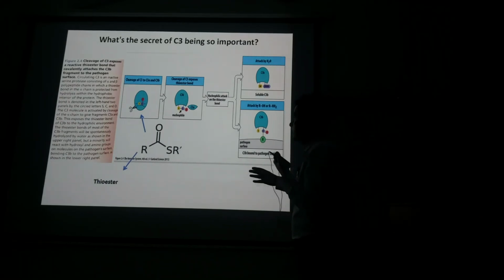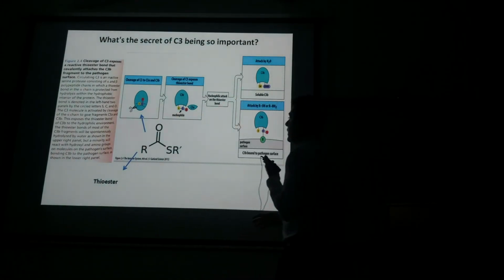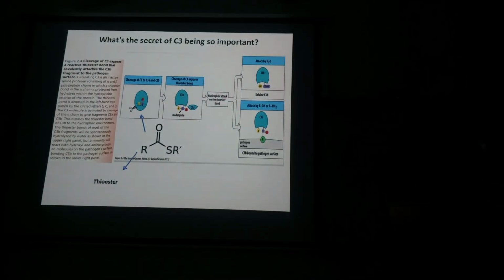The significance is that once this nucleophile is exposed as a result of this cutting, it becomes prone to be attacked by other molecules, and the best molecules for these purposes are, for instance, water and some kinds of amino acids that can readily come here and make a bond with these thioesters.